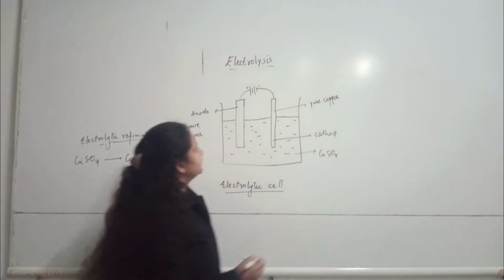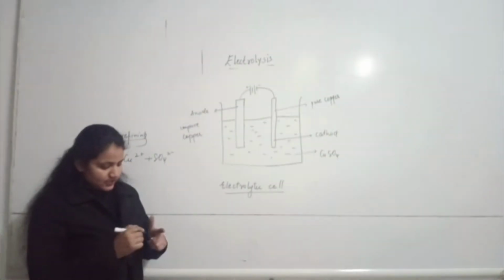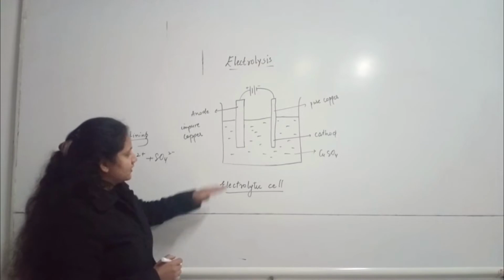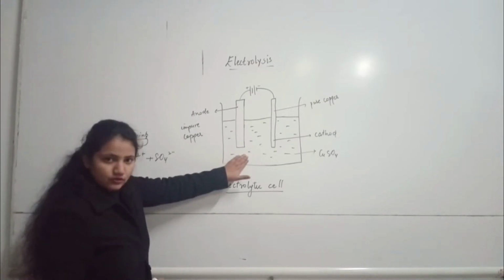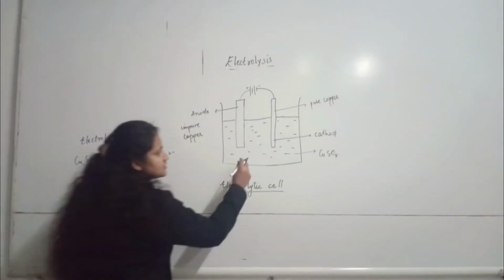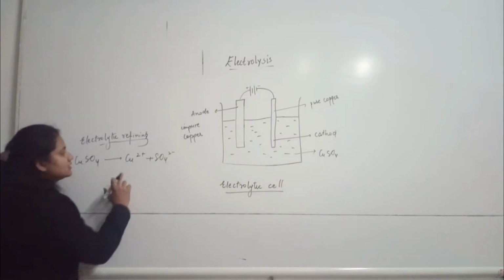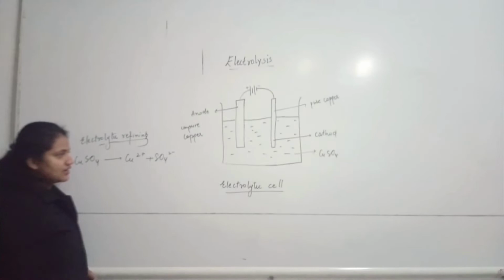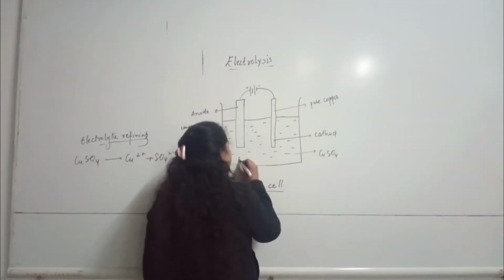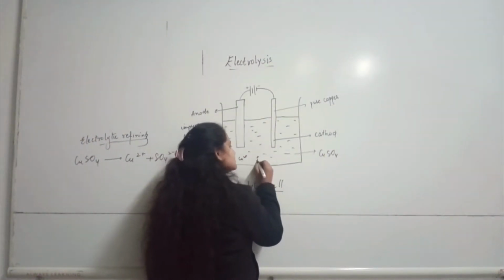Now, what will happen in this electrolyte? The copper sulfate will get dissociated and form copper ions and sulfate ions.